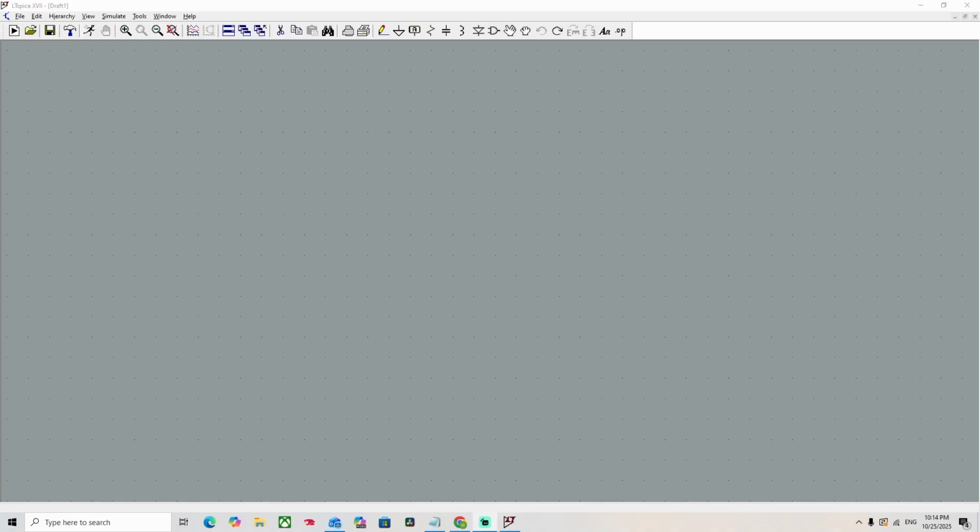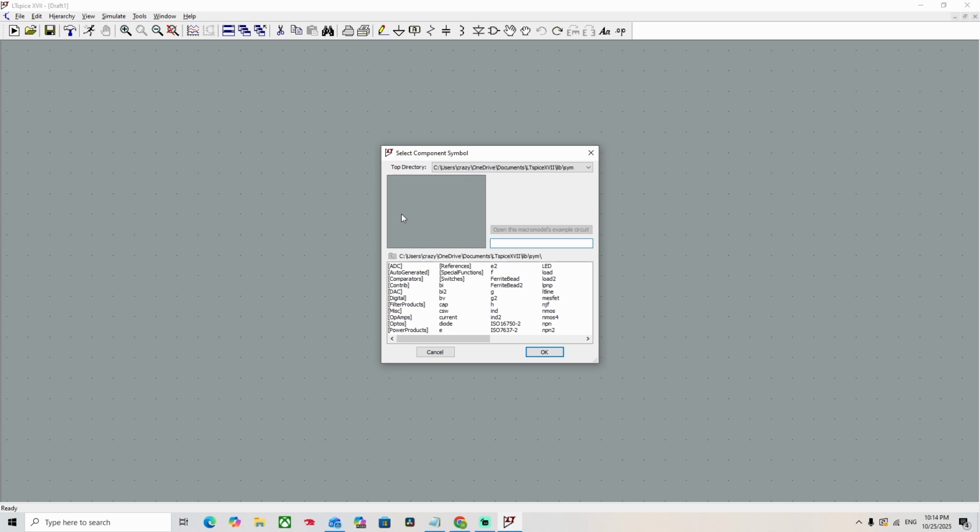I can switch to LTspice just as an example here. Give me a second. Let me switch to LTspice because this is the only way I can show you right now. Alright, I'll just do a one resistor example because that's super easy to do.